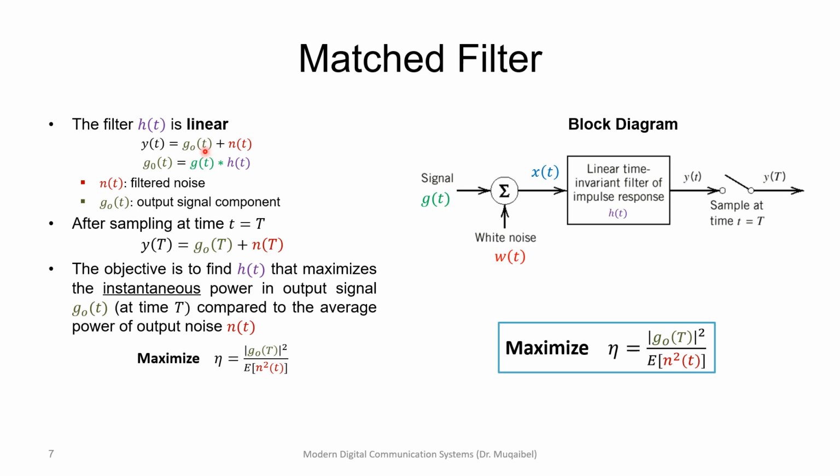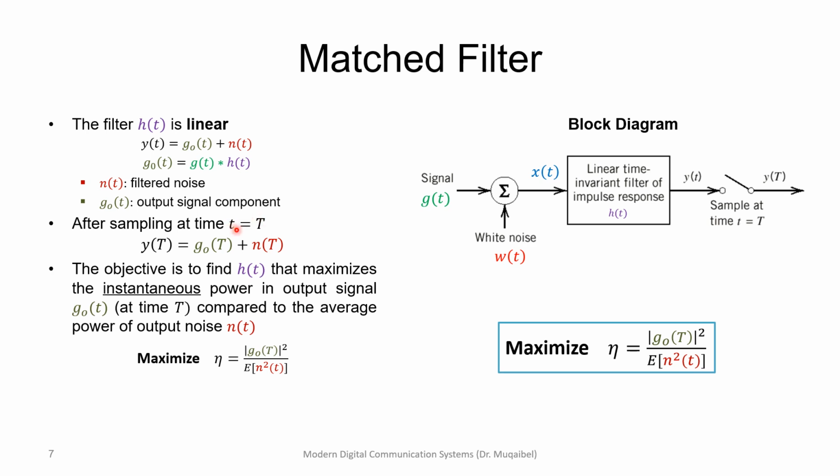So how do we get the output signal? By convolution: the input signal convolved with h. Of course, n in red is now the noise at the output, which is nothing but the filtered noise, and g sub o is the output signal component.